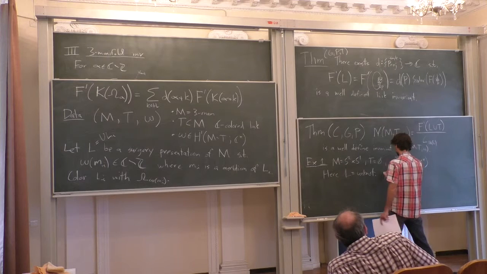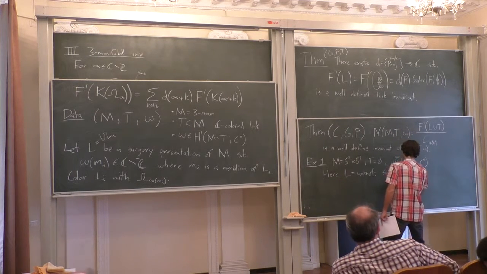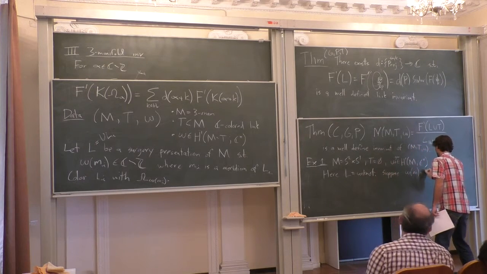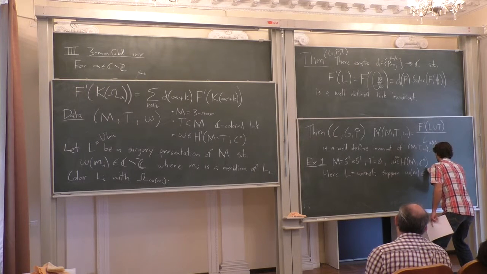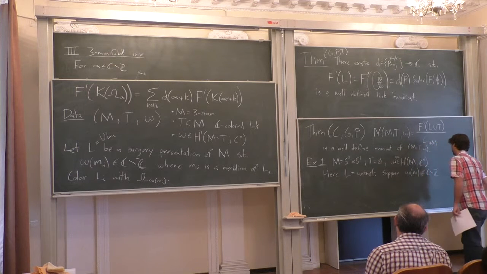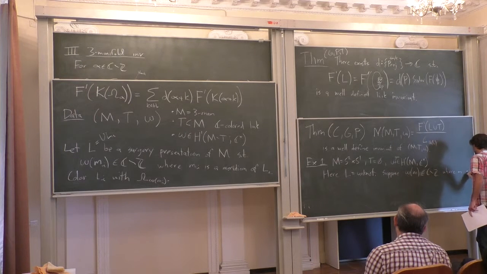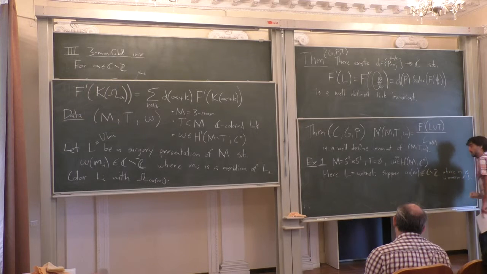So, suppose that W of M is not in C mod Z, it's in C minus Z, where M is a meridian of L.